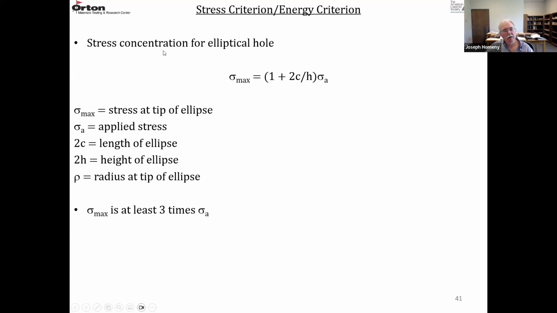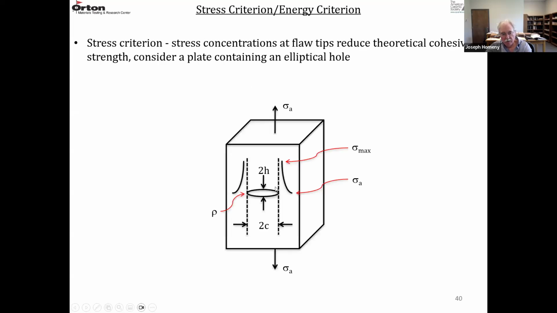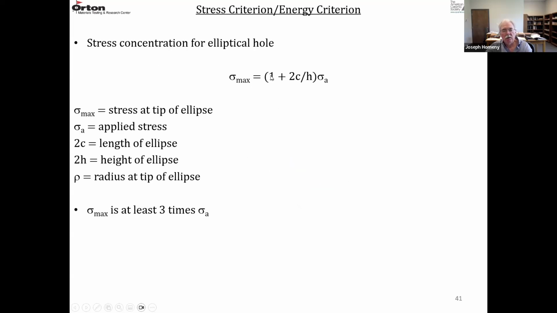So the stress concentration for this elliptical hole, sigma max at the tip of the ellipse, just equals 1 plus 2C over H times the applied stress. 2C is the length of the ellipse, 2H is the height of the ellipse, sigma A is the applied stress, and then the stress that results is the maximum stress at the tip of the ellipse.